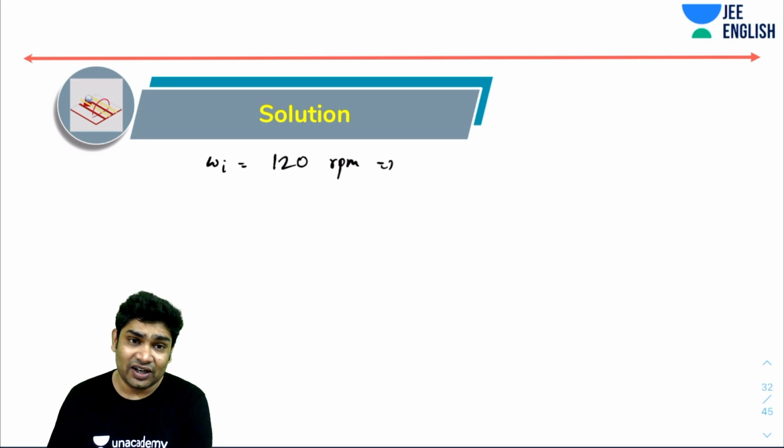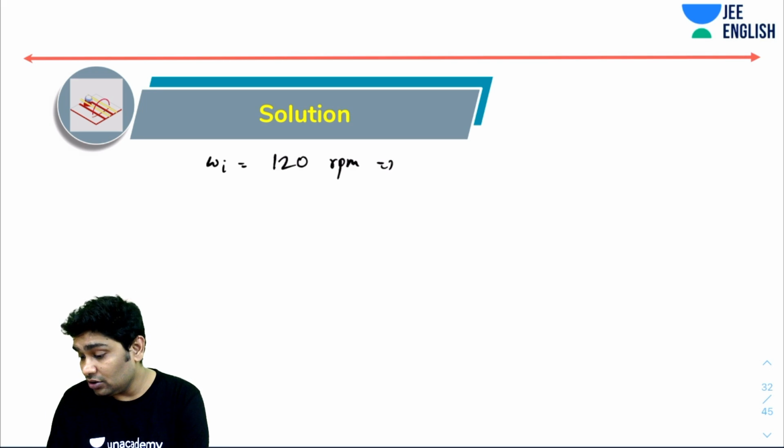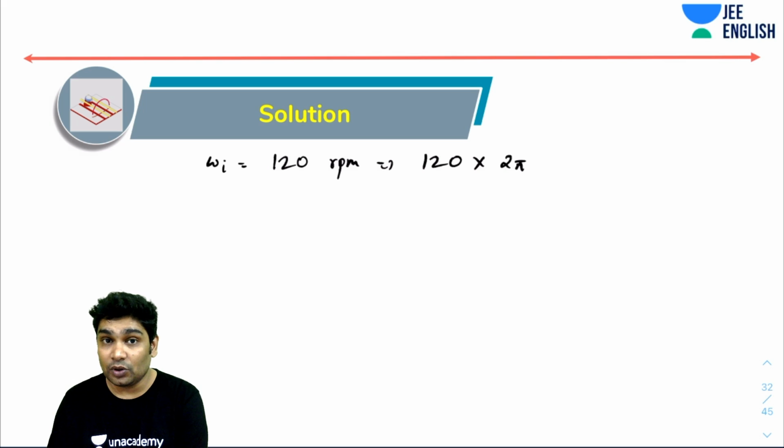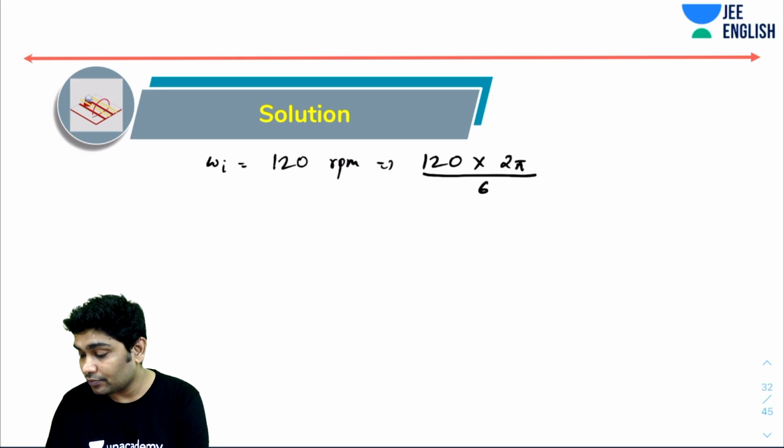Let's convert this into radians per second. That'll be 120 into 2 pi, since in one round it will cover 2 pi angle, and this is per minute, so per second it would be divided by 60. So omega initial is 4 pi radians per second.